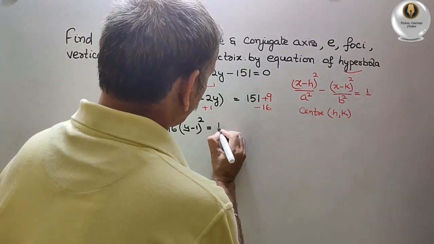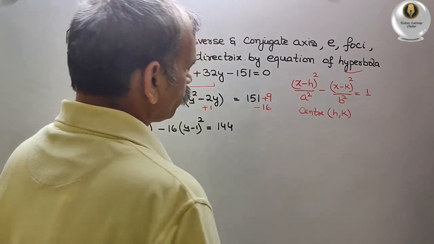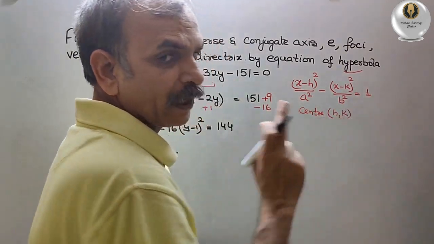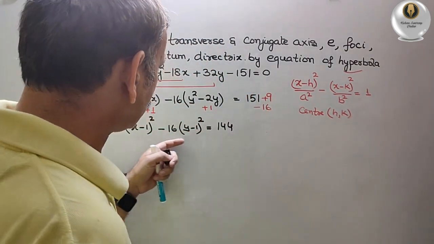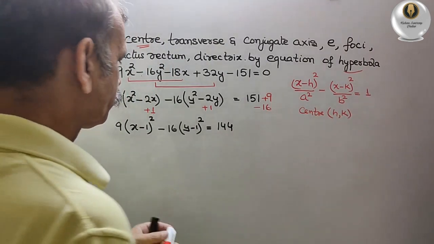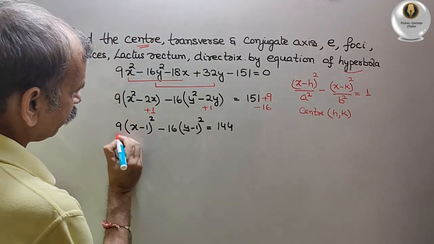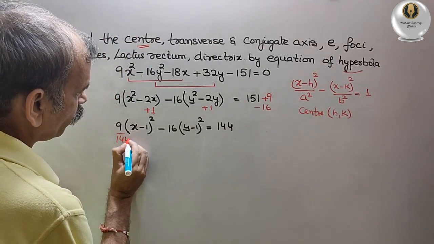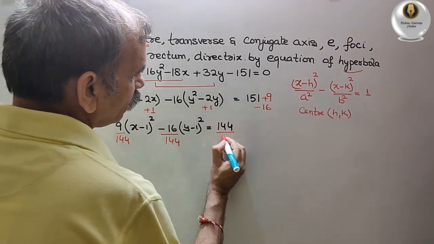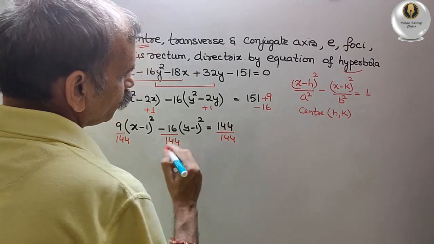So we get 144. Now on the right side we have to make 1, so we should divide everything by 144.